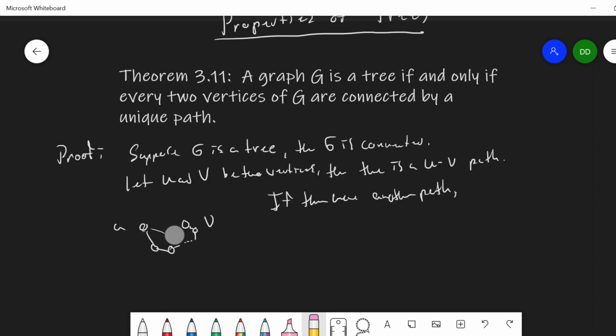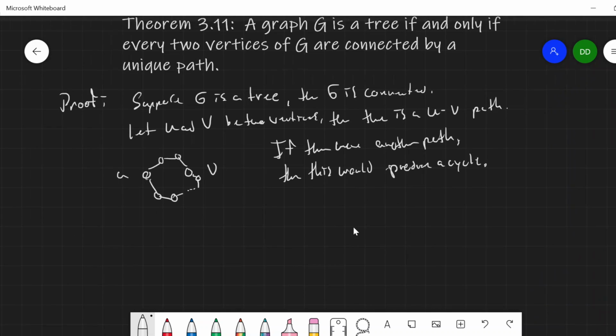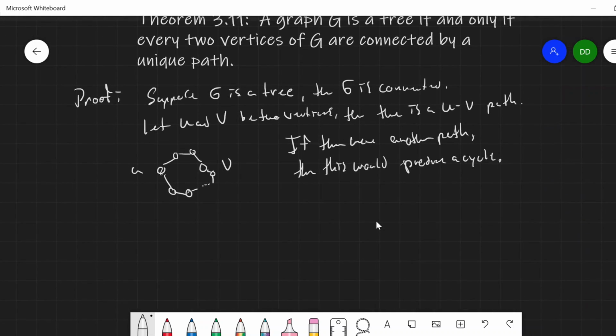What this means is that this path would necessarily have to contain none of those vertices, it would have to be internally disjoint, but then that would produce a cycle. If there were another path, then this would give a cycle. So if G is a tree, then any two vertices are connected by a unique path.